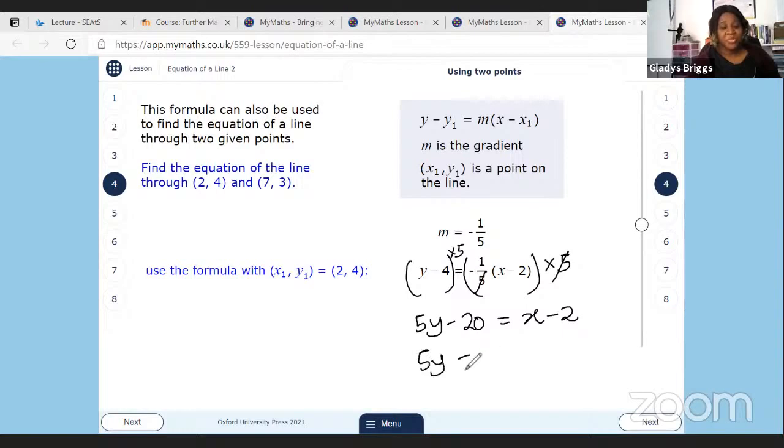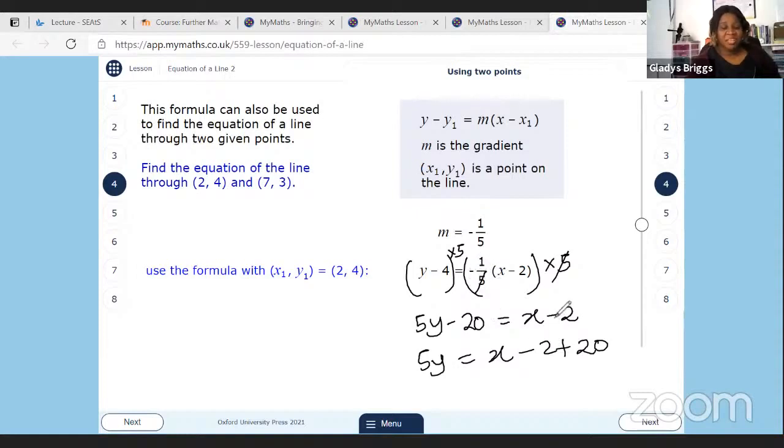5y is equal to x minus 2 plus 20, which is what? What did they even get? Oh, I forgot the negative sign.